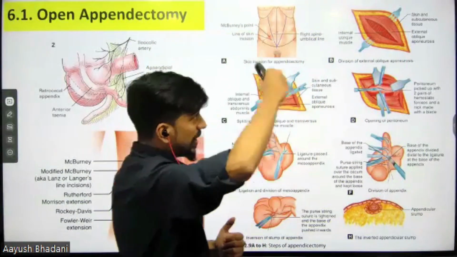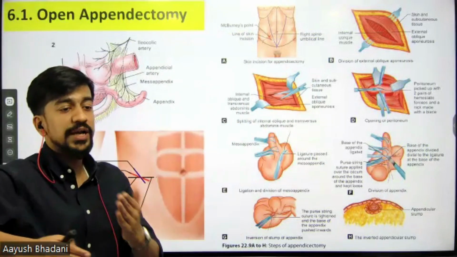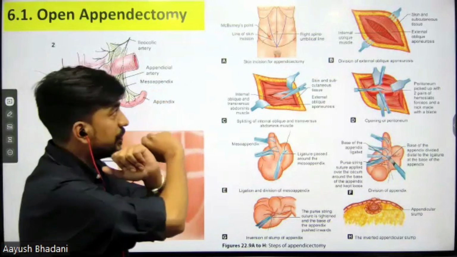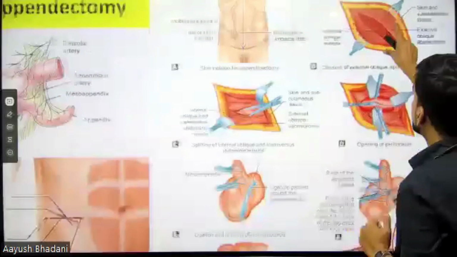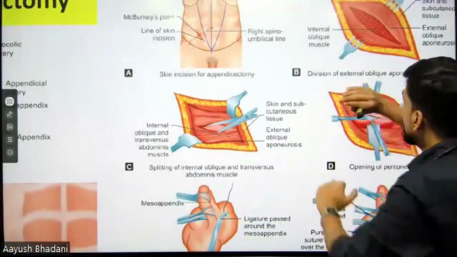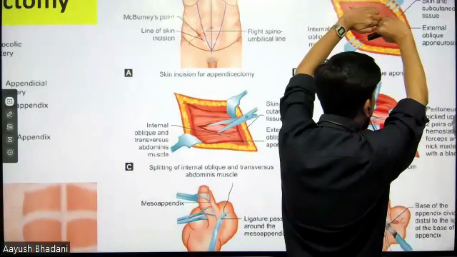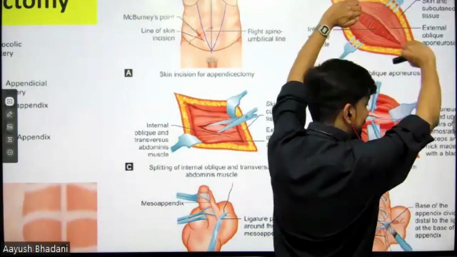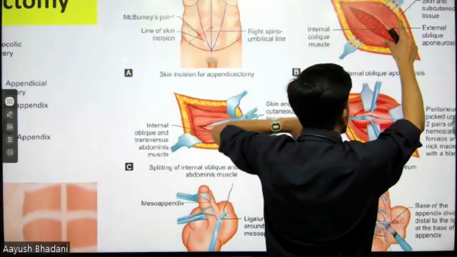We need to understand here that external oblique fibers and the internal oblique fibers run perpendicular to each other. So the moment you cut the fibers of external oblique, you'll see the internal oblique running parallel. So instead of cutting this, you can just put two Langenbeck retractors and retract it, right? Just put two Langenbecks, retract it.